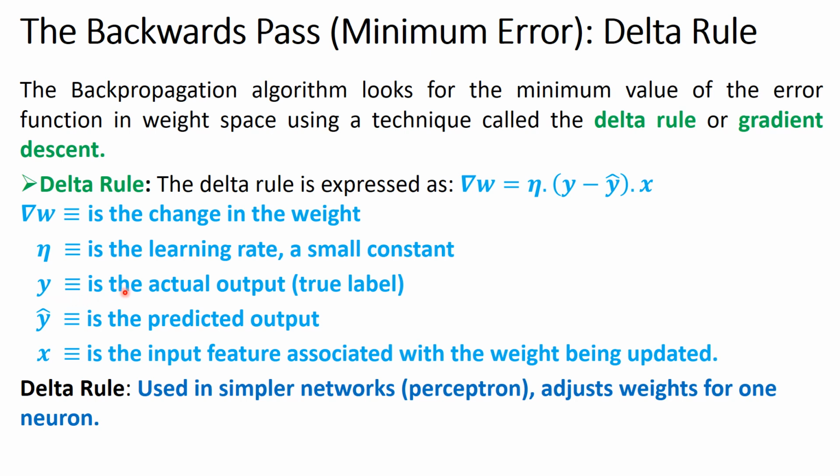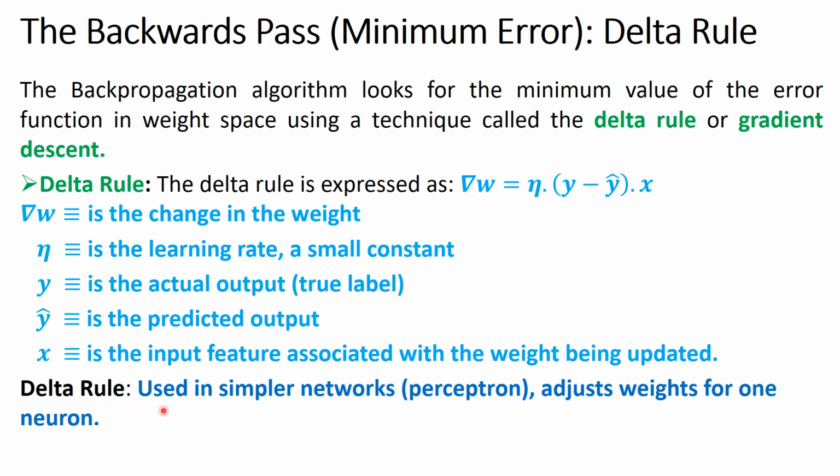y is the actual output, true label, and ŷ is the predicted output. ده الخرج اللي حسبته الشبكة العصبية، ده الخرج الحقيقي المفروض يكون أو الصحيح. x is the input feature associated with the weight being updated. ده الانبوت المرتبط بالفيتشر أو الانبوت فيتشر المرتبط بالوزن اللي بنحسب له في حسابات gradient to be updated.